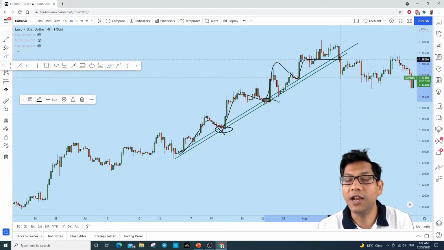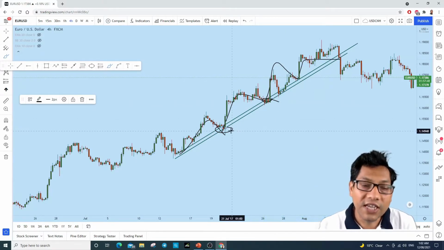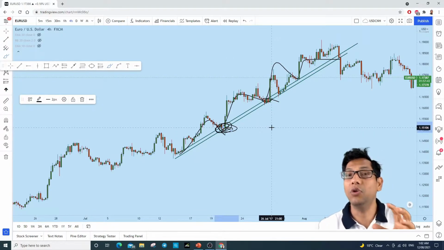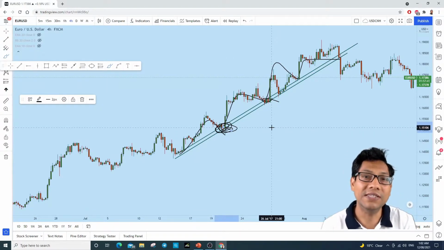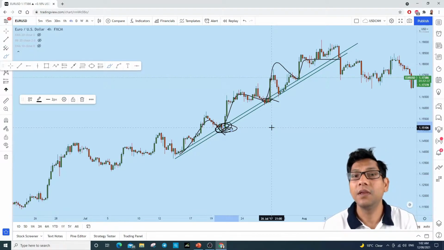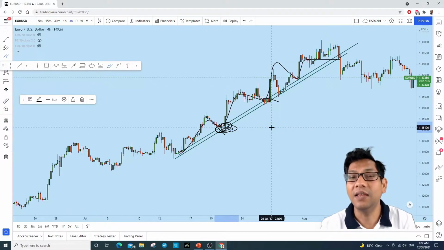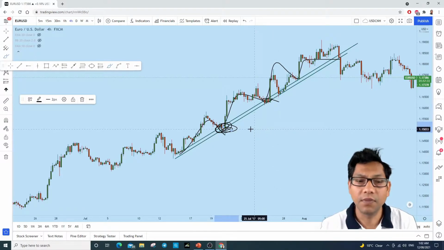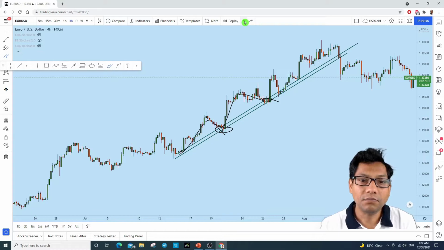When it is coming back to the trend line, that is the point that you have to identify, which we can say the area of value, where you can buy in an uptrend or sell in a downtrend. So let's see another example for a downtrending market.